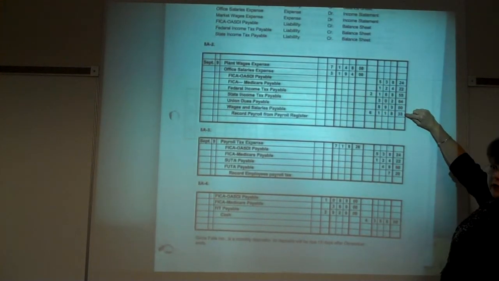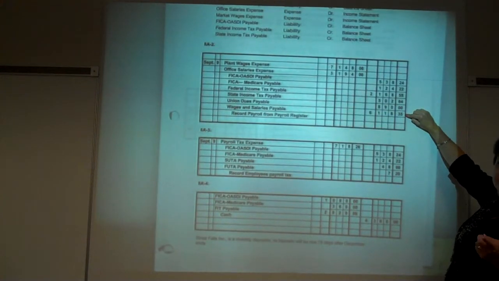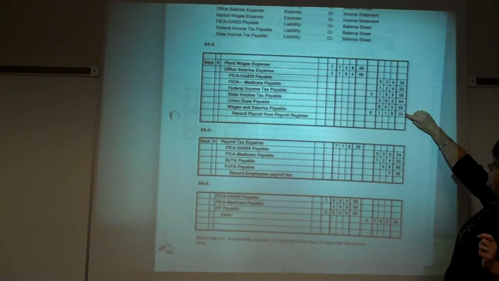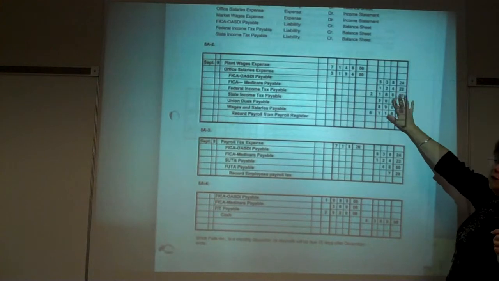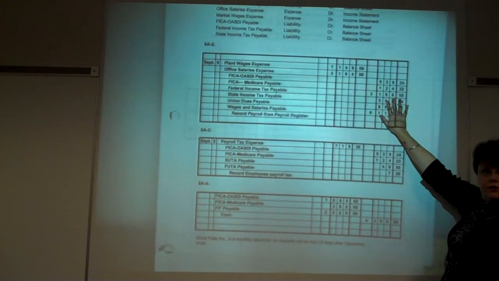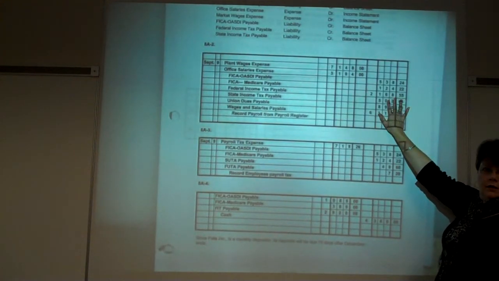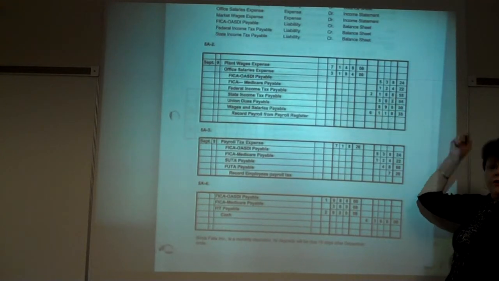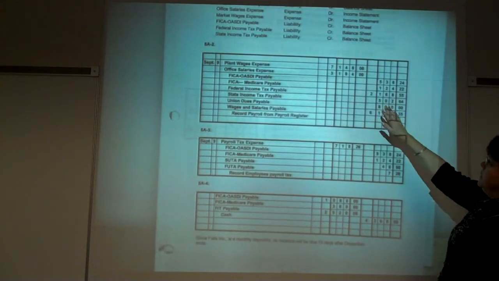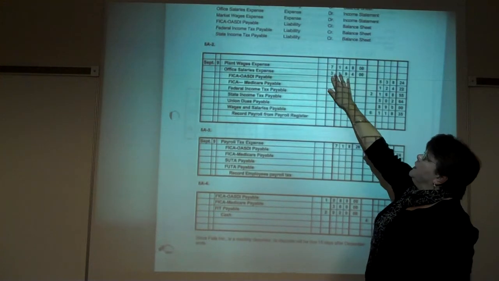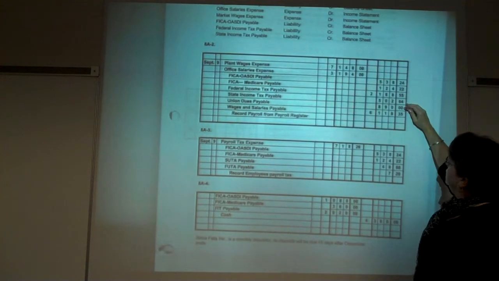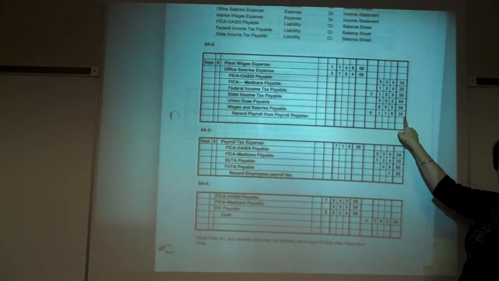What is this number right next to here, right before the check? That's the net. And we have a column that says net. All of these numbers were on the payroll register. All of them. And remember, we always want to have the debits and credits equal. So this is the total amount that our employees earned, this is everything that we withheld, this is what we're writing the checks for.